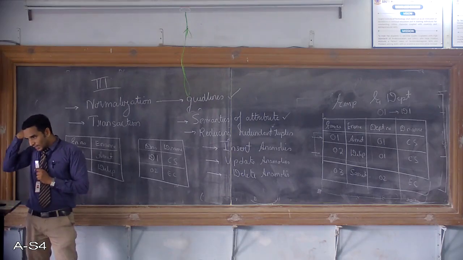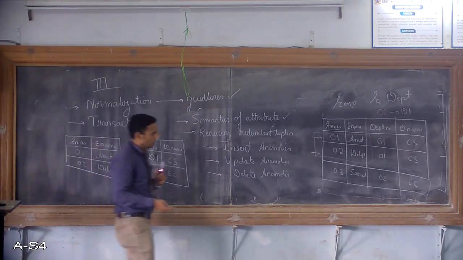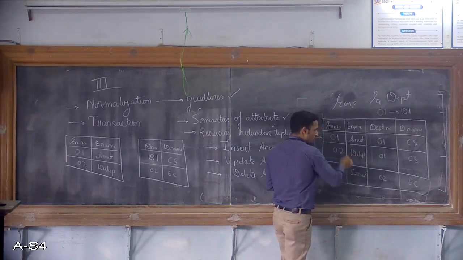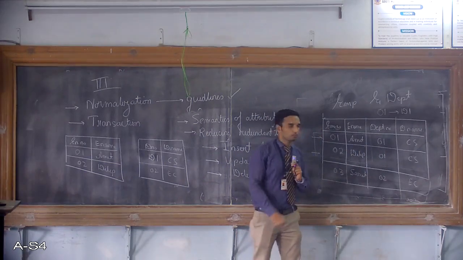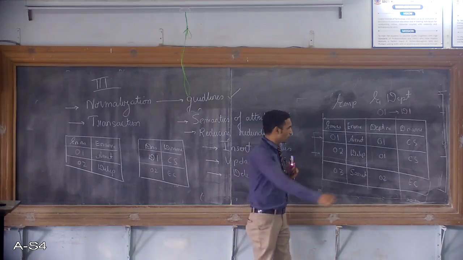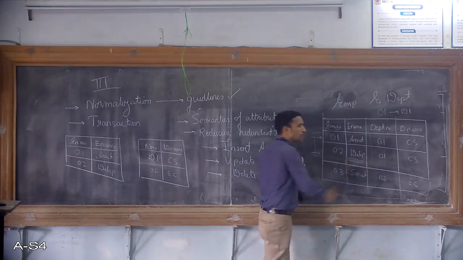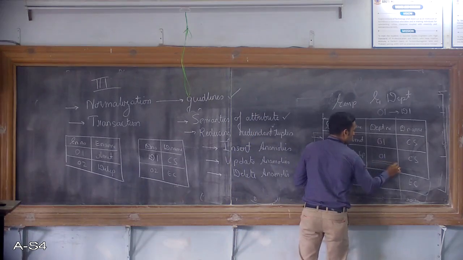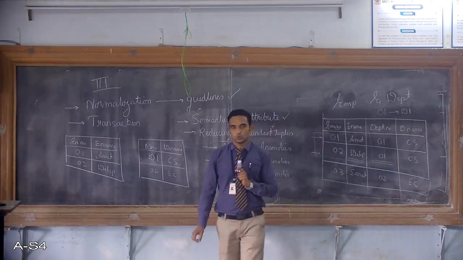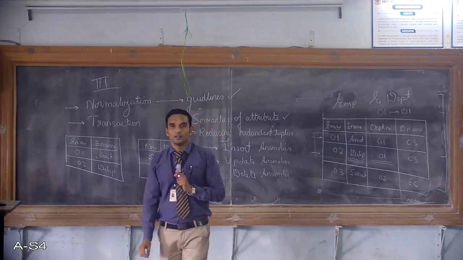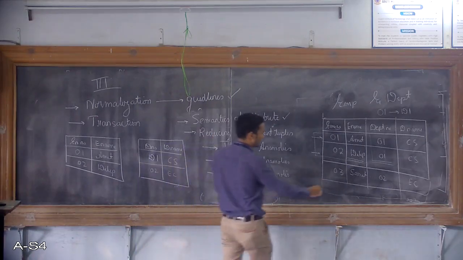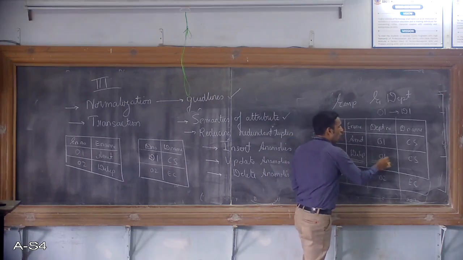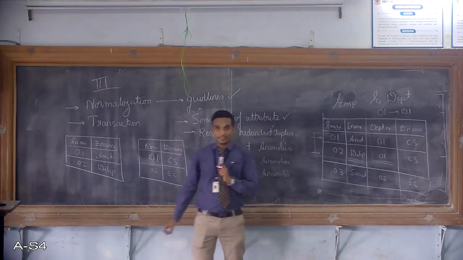So what I mean by delete anomaly is, assume that this employee has completed his work in department number 1. But when I want to remove this employee, at the same time I have to delete the department also. So when you are deleting one attribute, the subsequent attribute of this table also should be deleted.